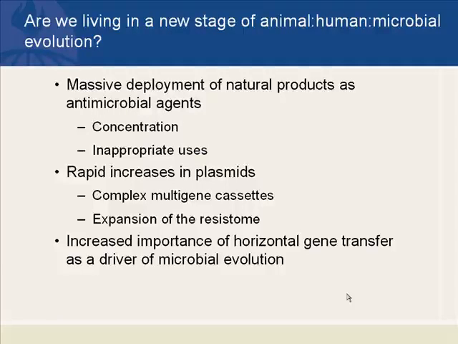So it's not single resistance genes at a time, it's packages of them. And I would suggest possibly that now we're living in an age of increased importance of horizontal gene transfer as a driver of microbial evolution. So not simply selection pressures among colonies of organisms, but drivers of what are genetically distinct and novel organisms, because of the incorporation of external DNA into the backbone of a defined strain or species.